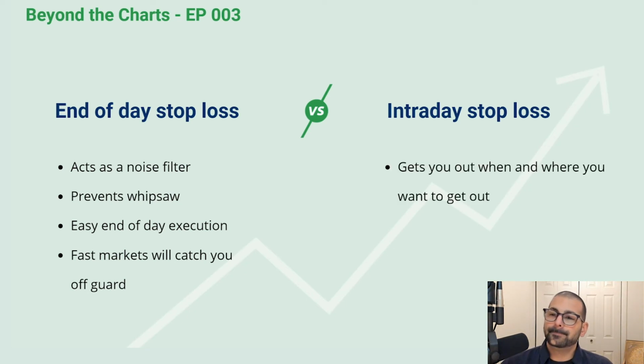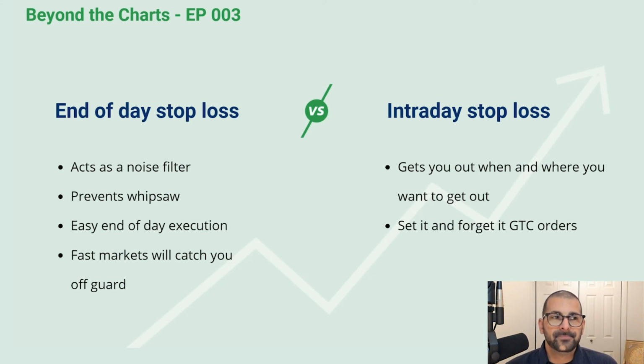Now, on the intraday side, the biggest benefit is it gets you out when and where you want to get out, hopefully. So basically, you put your stop loss in place with your broker, and you're getting out. When Apple closes below 100 and that's your stop, that's where you should, in 99% of cases, be exiting that trade. The good news is you can set it and forget it, like good-till-canceled orders.